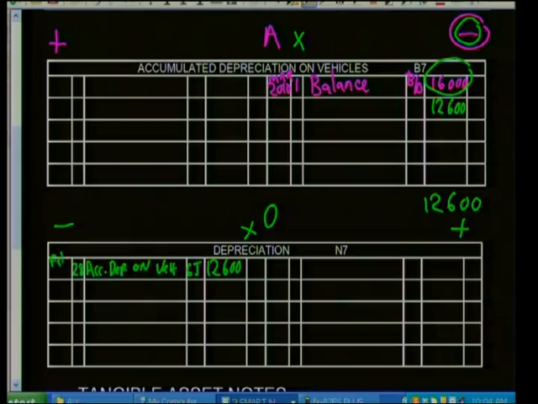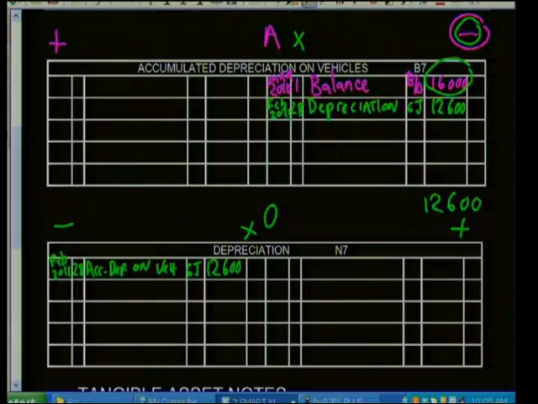Depreciation is a year-end adjustment. So on the 28th of Feb 2011. So let's now fill in our details here. So again, general journal details would be depreciation. Okay, and 28th of Feb 2011.